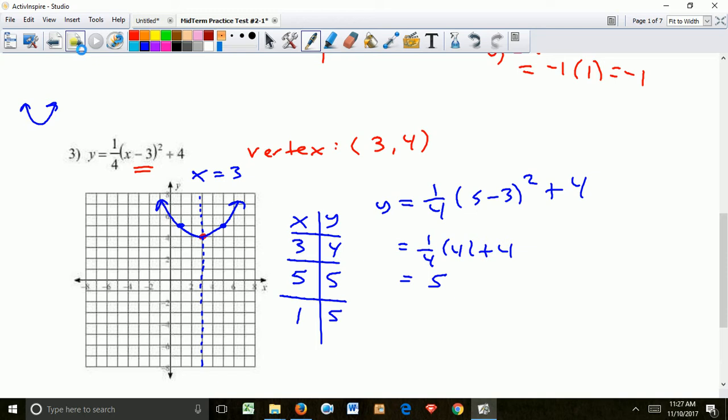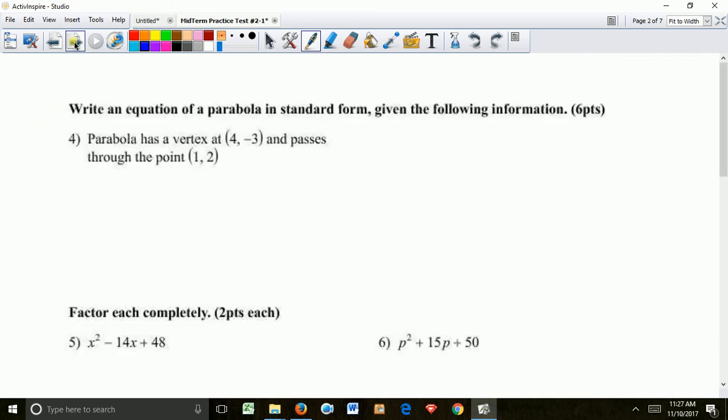For problem number 4, you've got to write an equation of a parabola in standard form, giving the following information. The parabola has a vertex of 4, -3, and passes through the point 1, 2. You know that vertex form of a parabola is given by y is equal to a times x minus h squared plus k. Essentially, you have everything but the value of a.